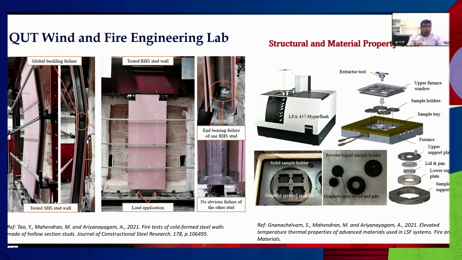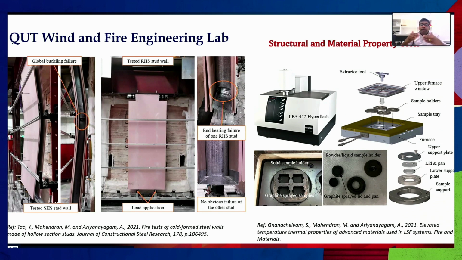And then we also do some material property level experiments to understand the material behavior, especially at the powder sample level. So we have equipment to measure the thermal properties, like thermal conductivity, the specific heat, the mass loss or the density. Say if you expose a gypsum plasterboard to very high temperatures, how it behaves.